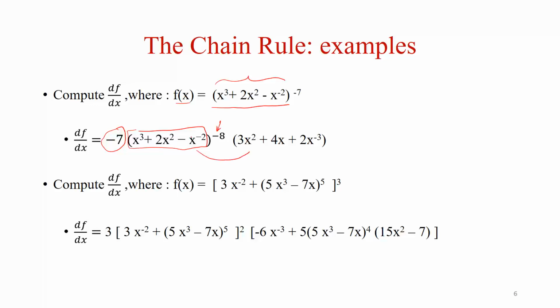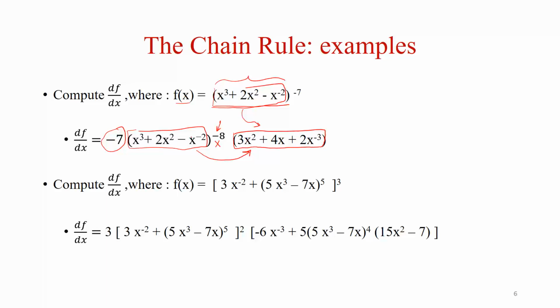Then we derive what's inside that square here, which, if we derive it, becomes 3x squared plus 4x plus 2x to the minus 3. So you can see the chain rule, here is the multiplication. We started with a black box, and then we looked at what's inside the black box using the chain rule, and we derived it.